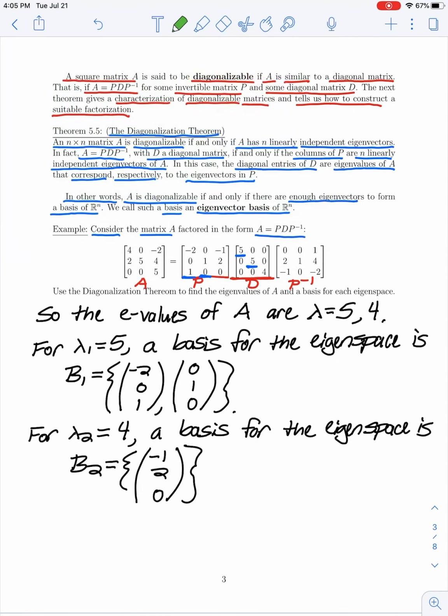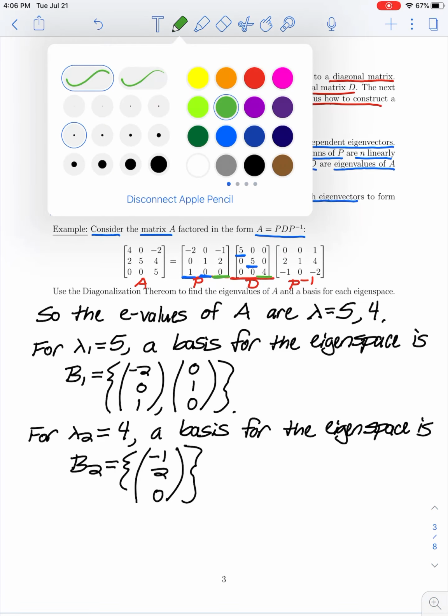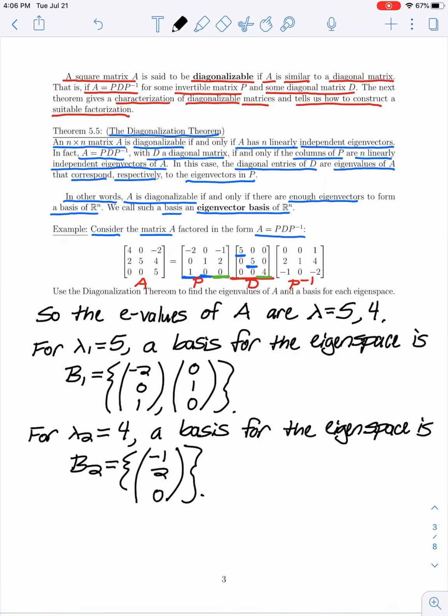Since the third diagonal entry of D was our eigenvalue 4, this third column vector of P must be a corresponding eigenvector. And every other eigenvector would be a scalar multiple of this one. So it forms a basis of dimension 1, or this eigenspace is one-dimensional with this basis vector.